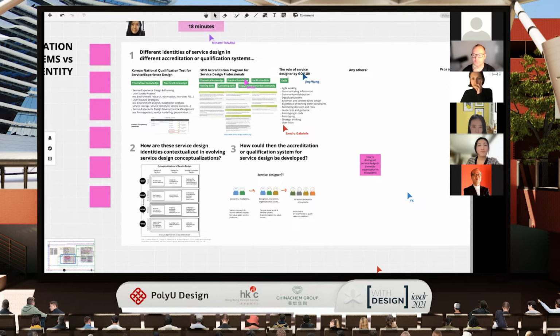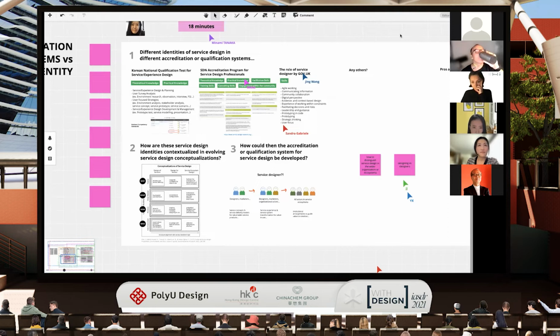So maybe there could still be a designer who specializes in, for example, working on physical touchpoints as a product designer or a graphic designer. And there could also be some people who focus more on a facilitating role or some business related role.